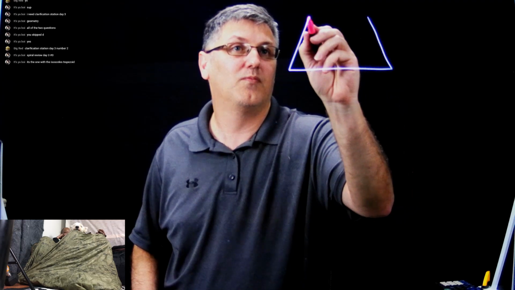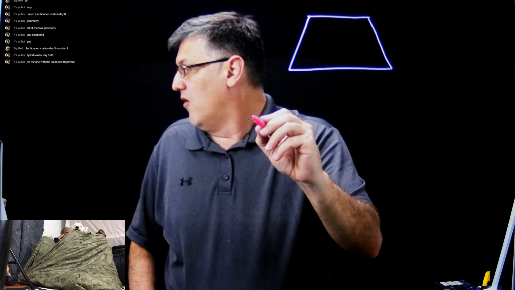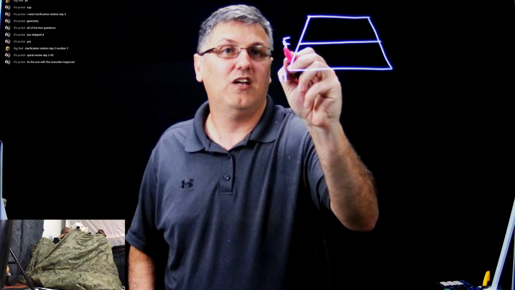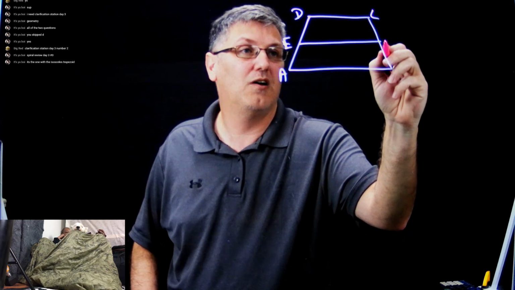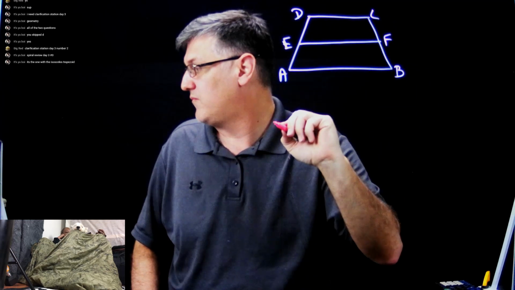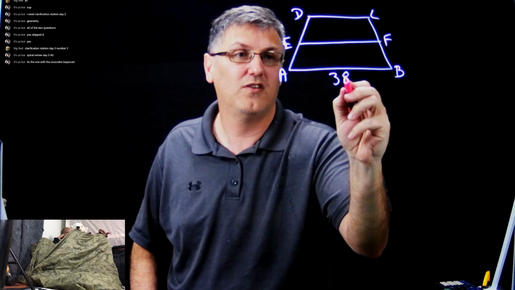See, all right, so number 3 on this one is the isosceles trapezoid. I'm going to draw it up, and I want to wait for you to tell me if this is the right problem before I start working. So I think the problem you're looking at is this isosceles trapezoid problem, where we have A, the mid segment here, which is E, and we have D, C, F, and B. This is 38.